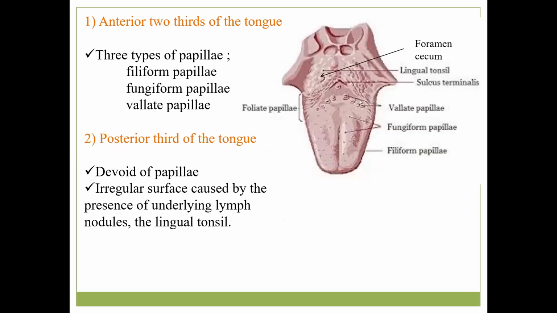So in this picture, you can see this sulcus terminalis here. Most of the time when we open our mouth, the part we see clearly is this anterior two-thirds. The posterior part is difficult to see if we do not protrude our tongue outside.